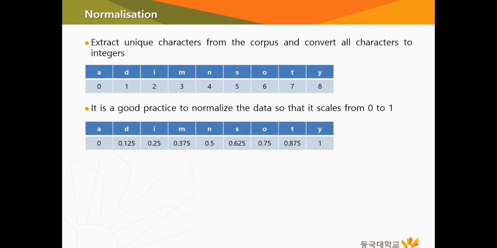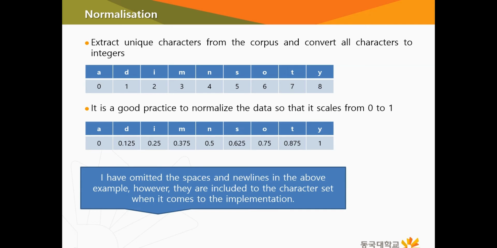And to normalize the number representing its character, the number can be divided by the length of the character set. And remember that I have omitted the spaces and new lines in the above example. However, they are included in the character set when it comes to the implementation.